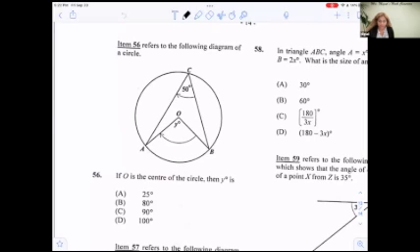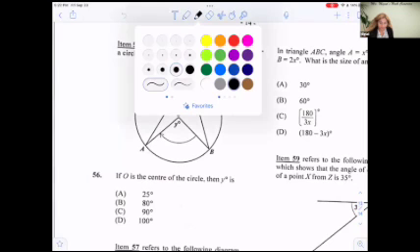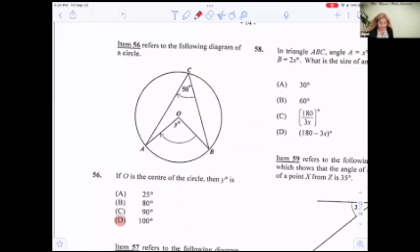So how much is y, Malik? Y is 100. Do you all agree that y is 100? And the rule is the angle at the center is twice the angle at the circumference. And this is a repeat question that CXC likes to bring.